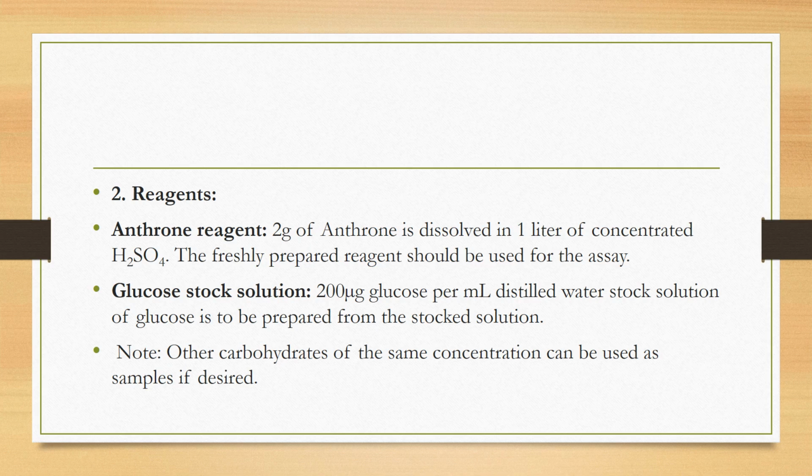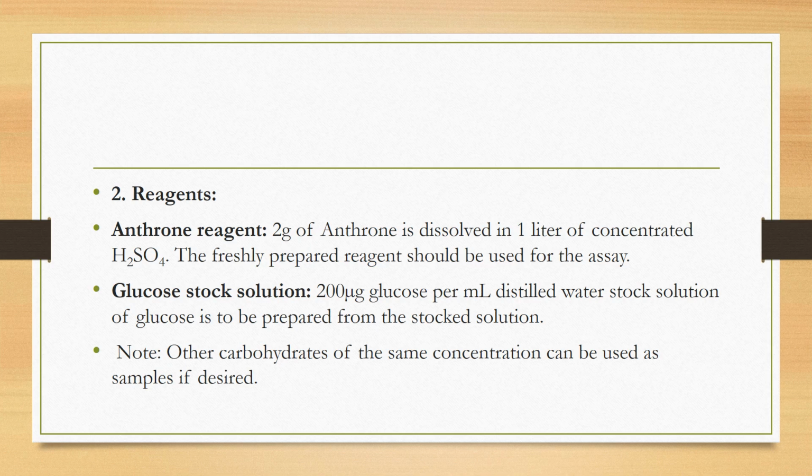Okay, reagents. Anthron reagent. This is the step to prepare the anthron reagent. Take 2 grams of anthron dissolved in 1 liter of concentrated sulfuric acid.